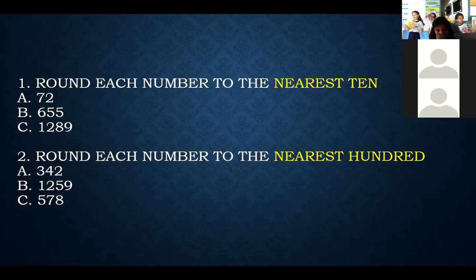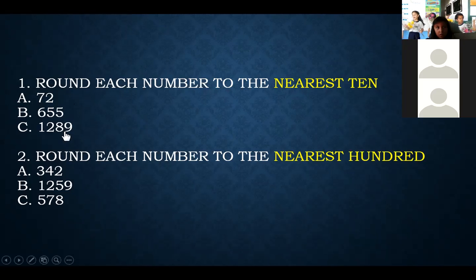Teacher, I cannot teach you very well because everybody is making a little bit of noise because they want to participate. Rafaela, letter B. 660. That's right. Good job. Okay, let's see.